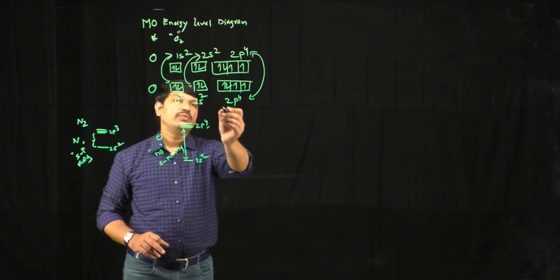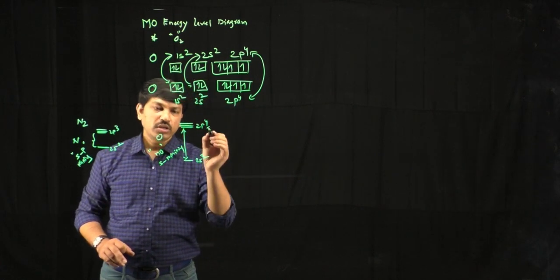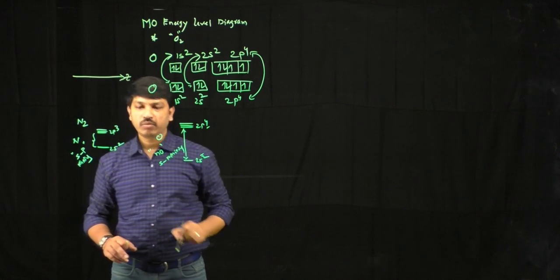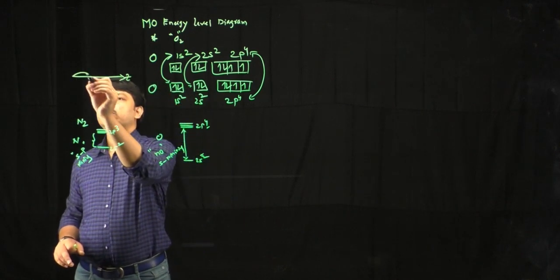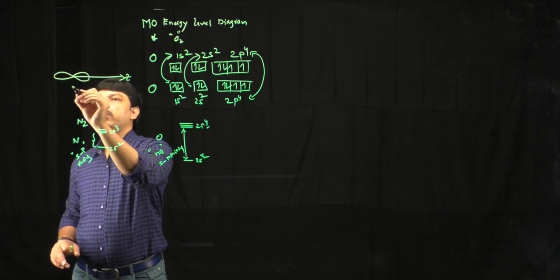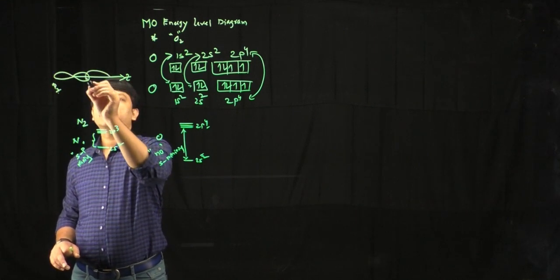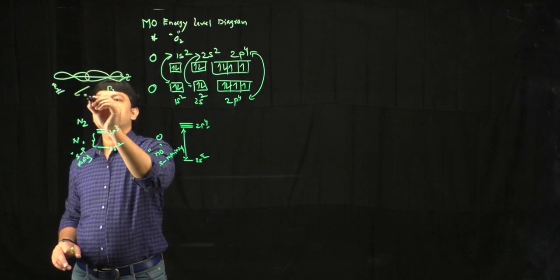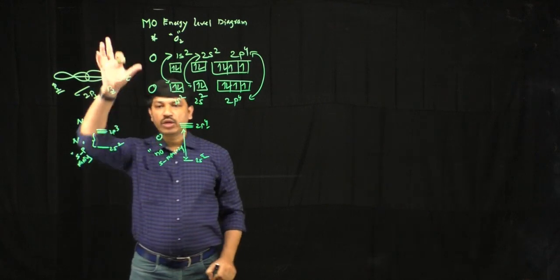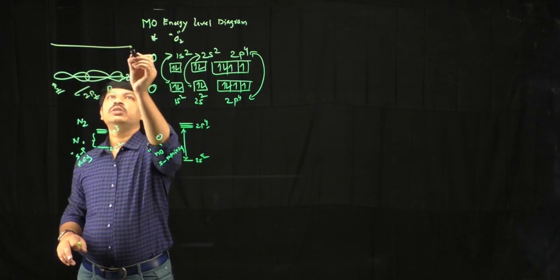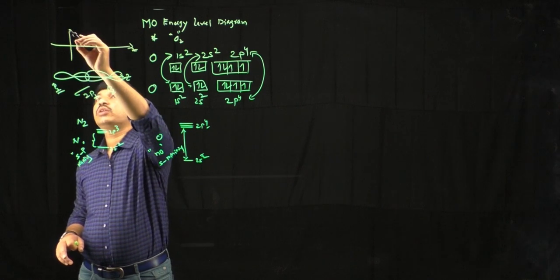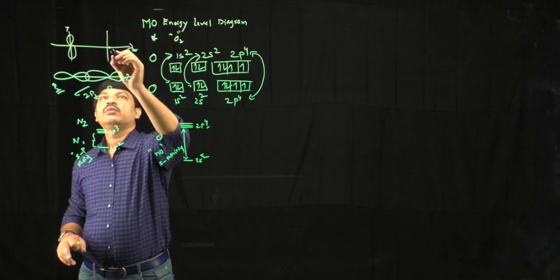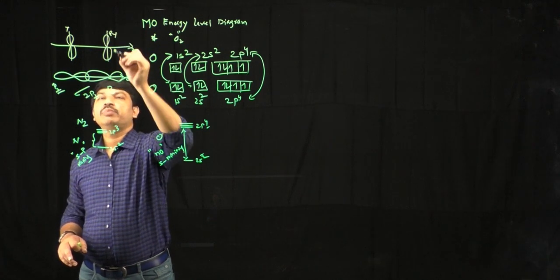So therefore, out of the 3 p orbitals, let us say this is the z axis, the bonding axis, and assume that this is the pz orbital of one atom, and this undergoes linear combination with another pz orbital in this manner. So this produces sigma 2pz. For the other two, let us say this is the y axis, so that means this is py and this is another py orbital.